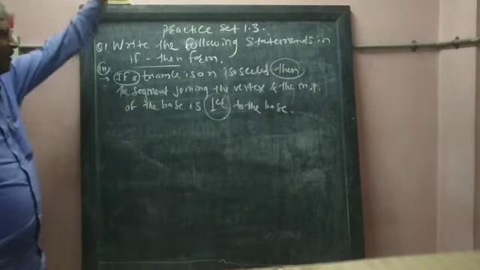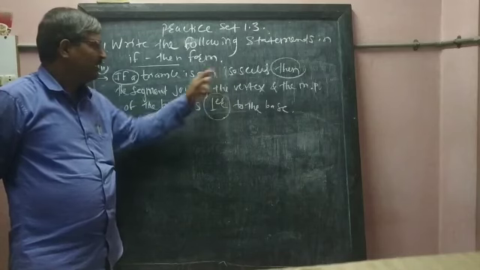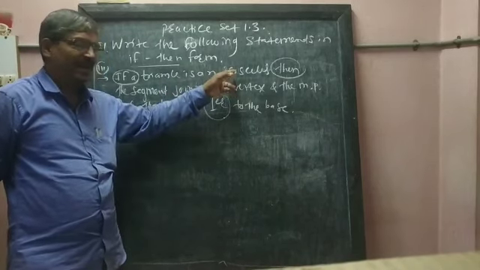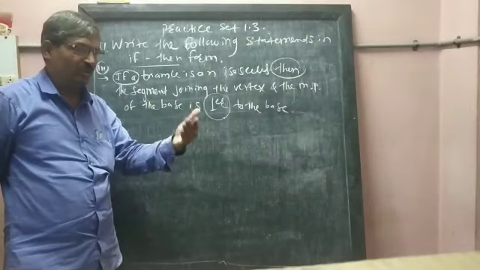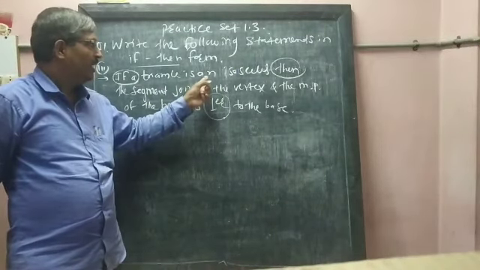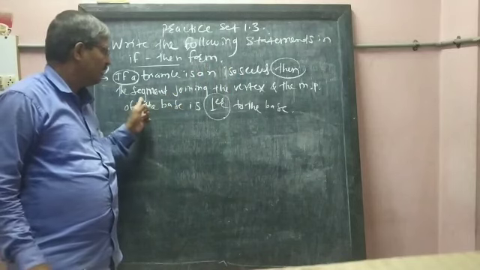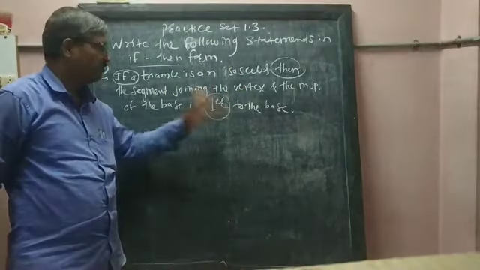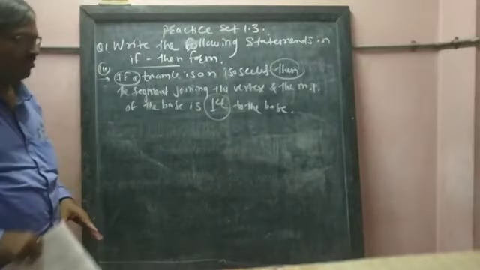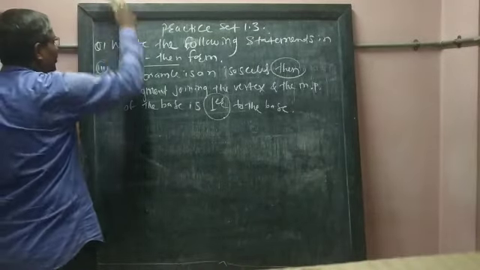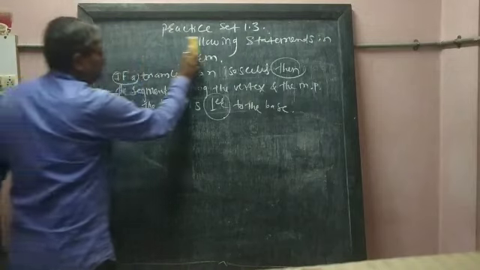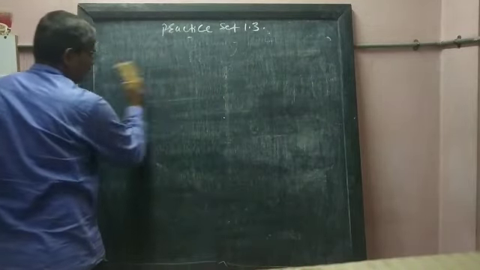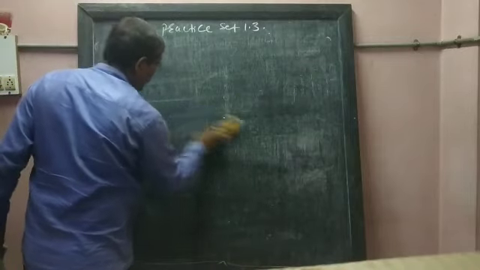Now what will happen? In an isosceles triangle, the segment joining the vertex and the midpoint of the base is perpendicular to the base, that is becoming converse. Similar kind of questions, directly we have to make them converse. How to make converse? That we will study.